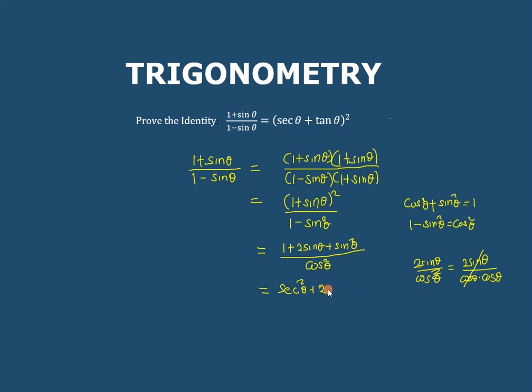So this is 2 tan theta sec theta, then plus sine squared theta divided by cos squared theta, I get tan squared theta. And this one is the same as having sec theta plus tangent of theta, everything squared. And this one is exactly what we have on the right hand side.